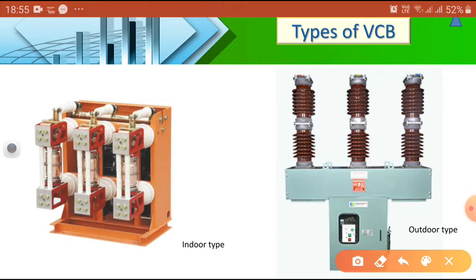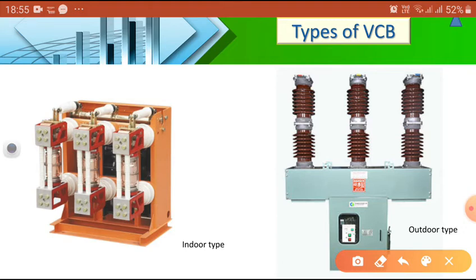That is the vacuum level. Basically, vacuum is a pressure below atmospheric pressure where no gas is present inside the chamber. These breakers have a higher insulating strength than any other medium used, such as oil, SF6, or air. This is a high dielectric strength.